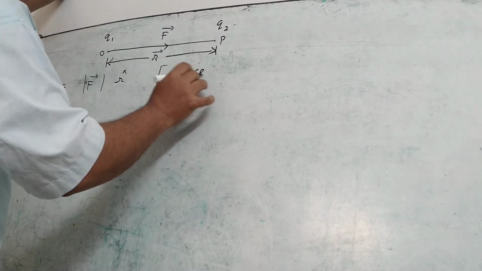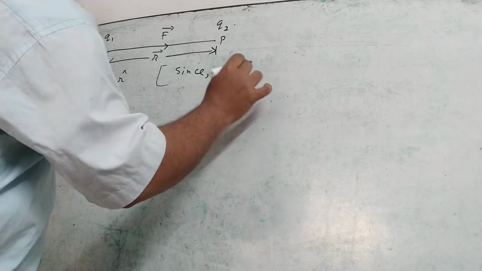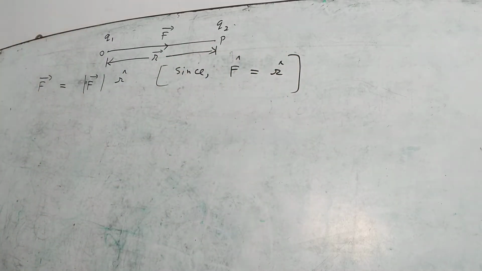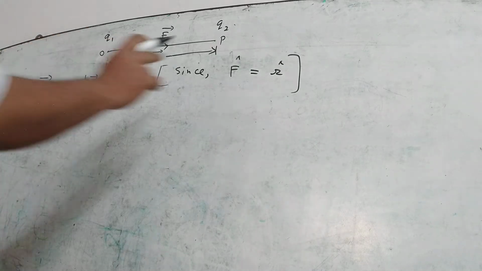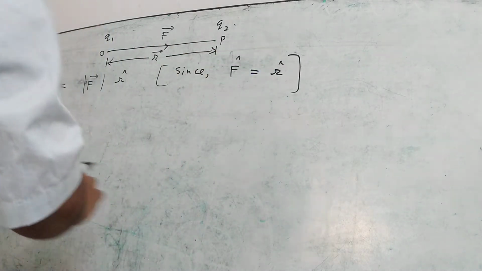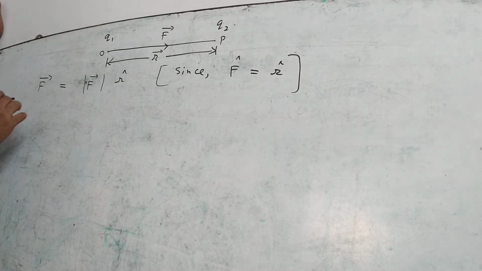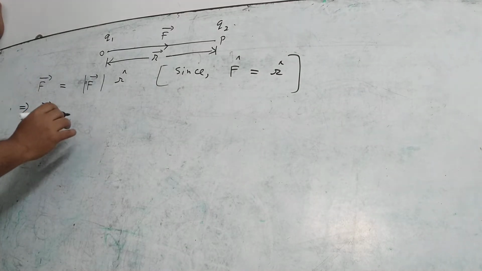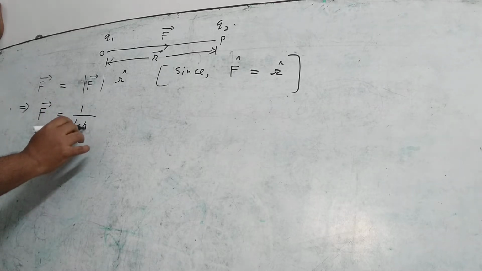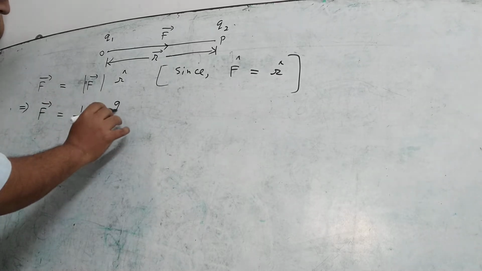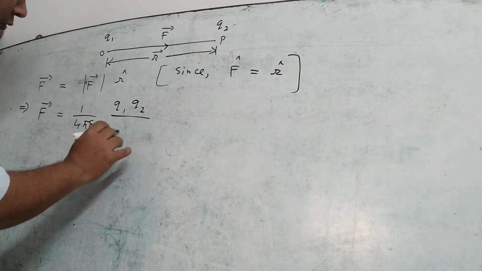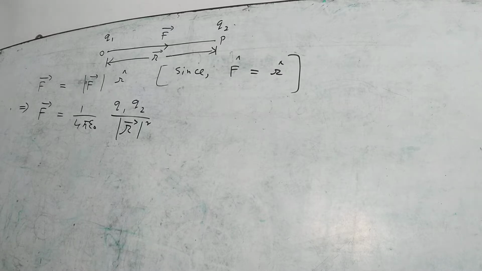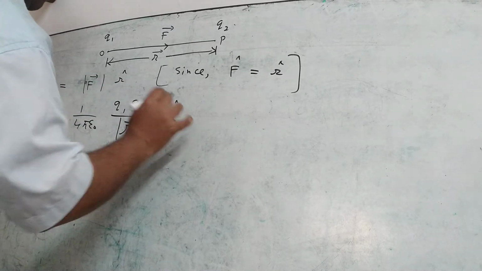Since unit vector of F is equal to unit vector of R. Okay, cap stands for unit vector. Then we can write that F vector is equal to 1 by 4 pi epsilon 0 Q1 Q2 by mod of R whole square into R cap.